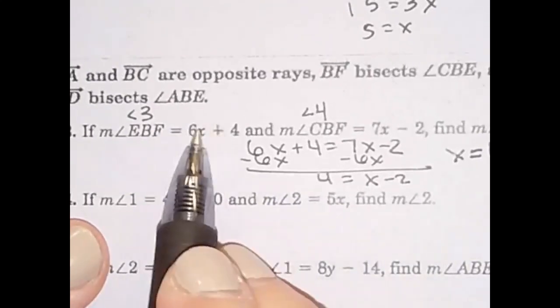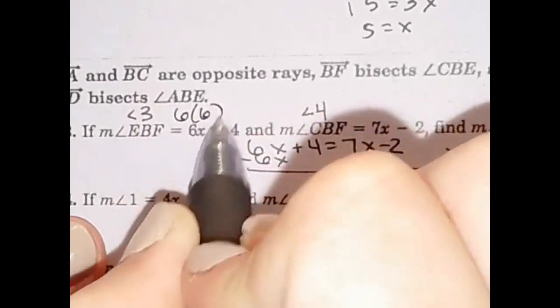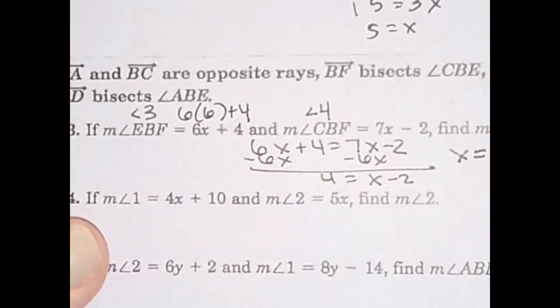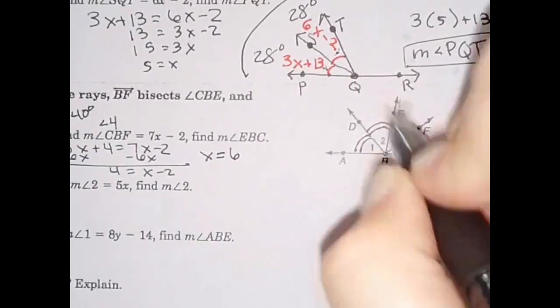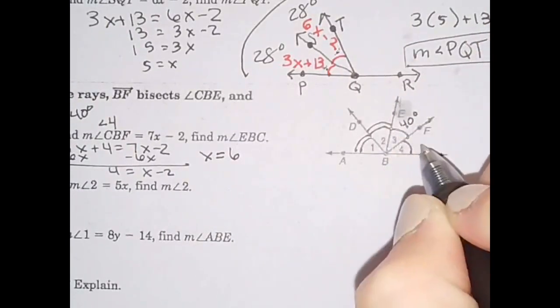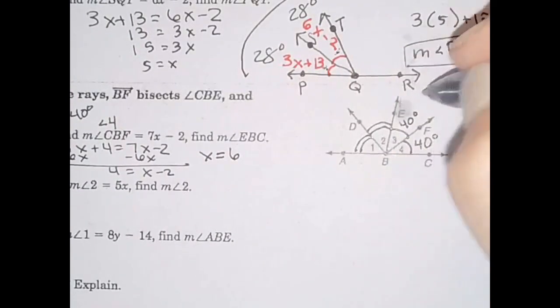So that was angle 3. We just said angle 3 was 40 degrees. If angle 3 is 40 degrees, then angle 4 is 40 degrees. Then this entire thing is 80 degrees. So the measurement of angle EBC is 80 degrees.